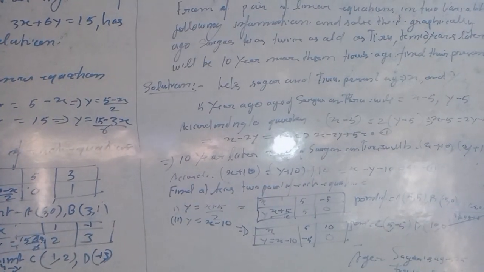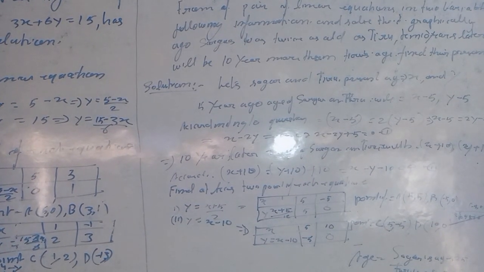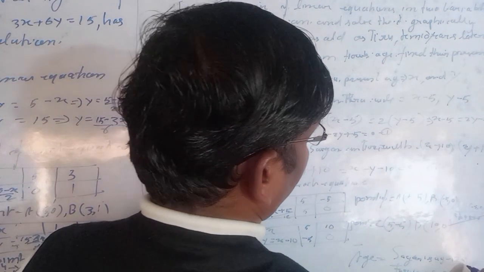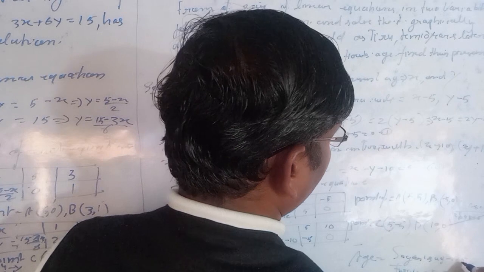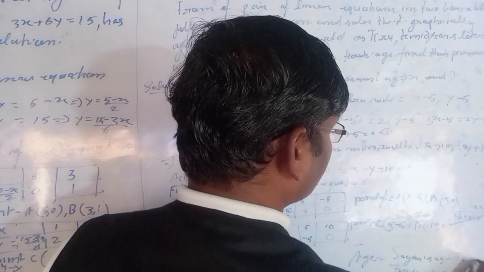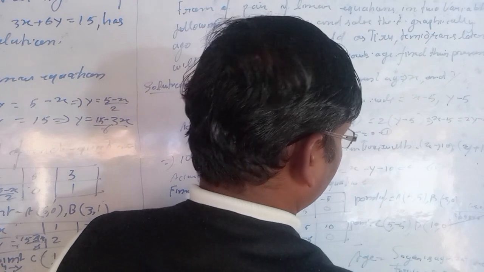So we have found that the present age of Tiru is 15 and Sagar is 25. So this is the answer.